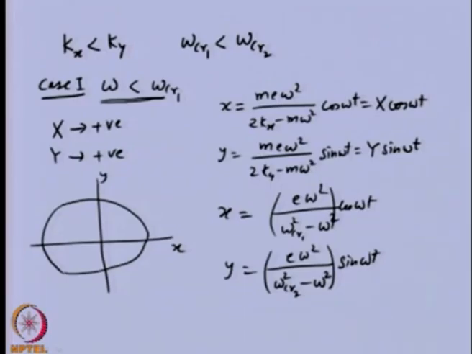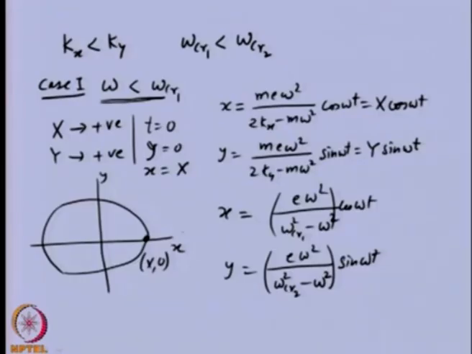At time t equal to 0, if we substitute, y is 0, and x has the maximum value, that is equal to capital X. So, at t equal to 0, y is 0, but x is the capital X value. That means this position here, y is 0 and x has the maximum value. So, at t equal to 0 we are here.